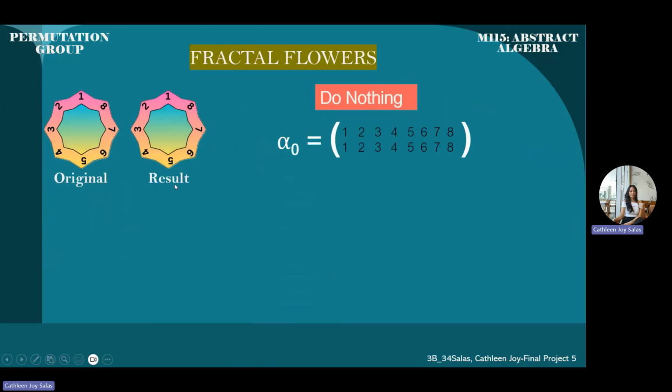As we can see, let's base first from the result to original. 1 is to 1, that's why we have 1 is to 1 here. 2 is to 2, 3 is to 3, 4 is to 4, 5 is to 5, 6 is to 6, 7 is to 7, and 8 is to 8, that's why we have them here.